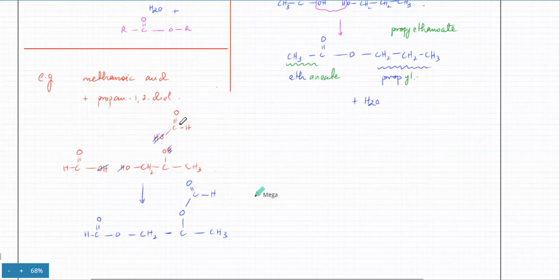So there would be two ester links in this molecule. One of them is going to be this one, and the other one is going to be this one. So there are going to be two ester groups in this molecule.